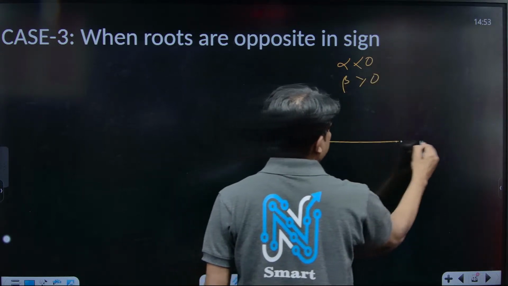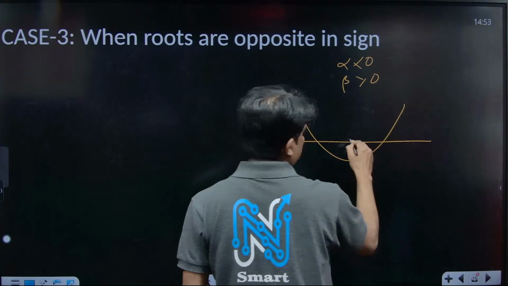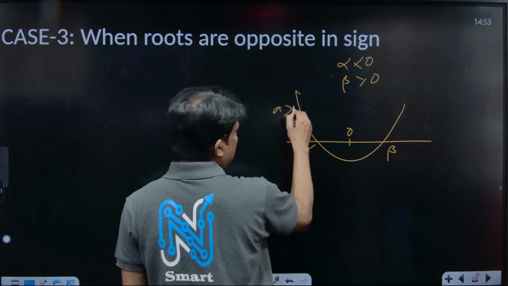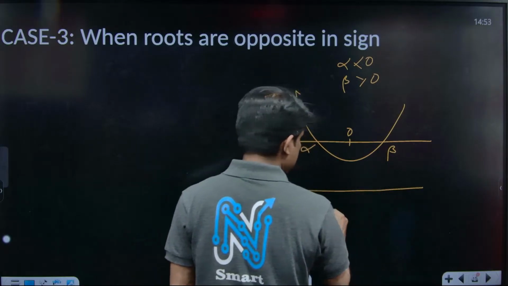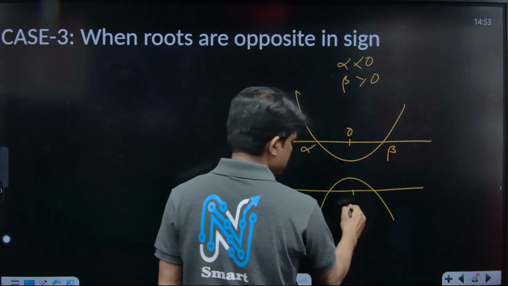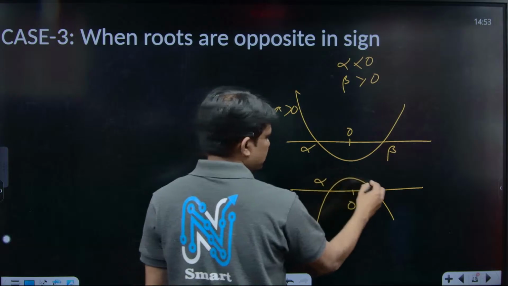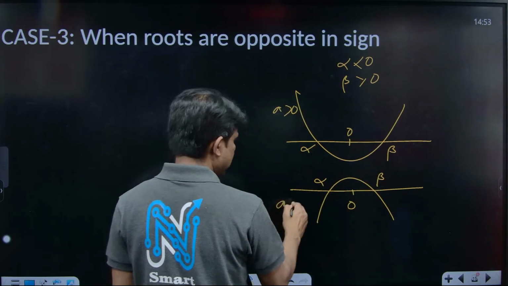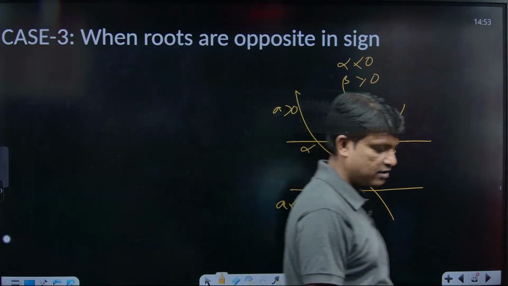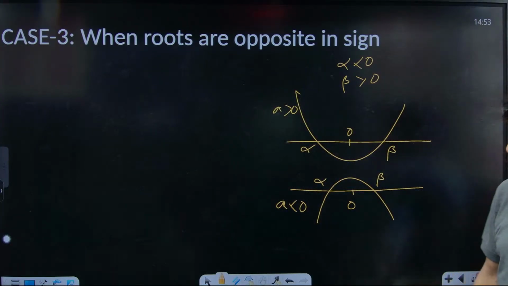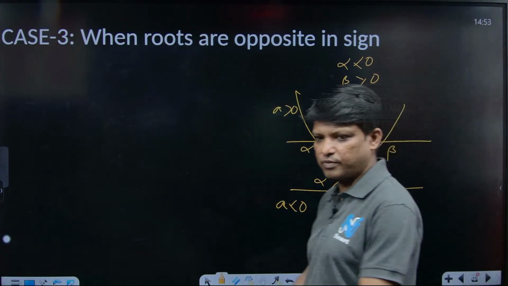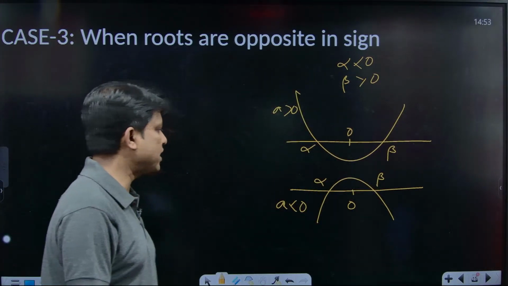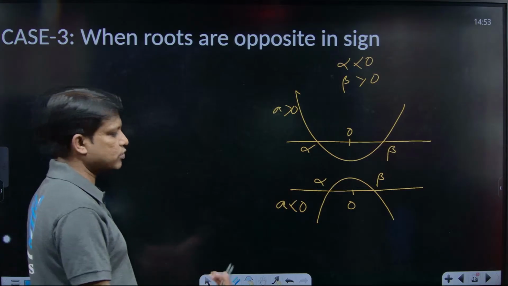When a is positive, an upward parabola, in this case equal real roots are not possible because 0 lies between the roots, so one root is positive and the other negative. So distinct roots always exist, that means D is automatically strictly positive when the roots are opposite in sign, one positive root and one negative root.